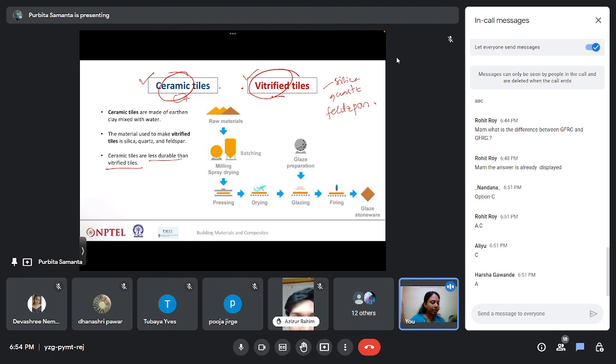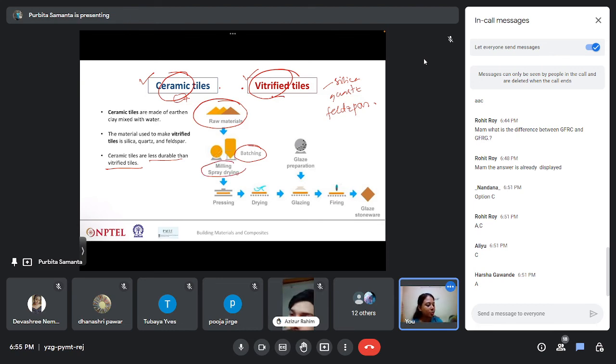If you look into the exact process of how these tiles are made, you will see that first the raw materials are taken, and then after that they are batched. What do I mean by batching? In batching, the raw materials are accumulated or put in appropriate proportions.